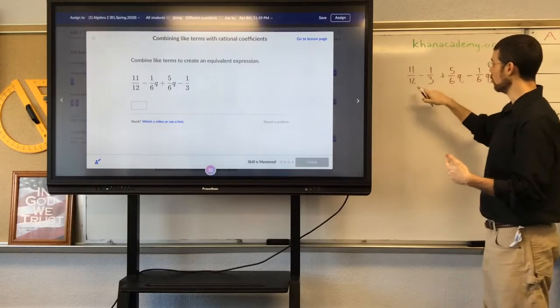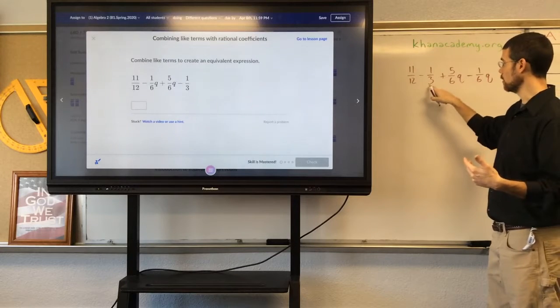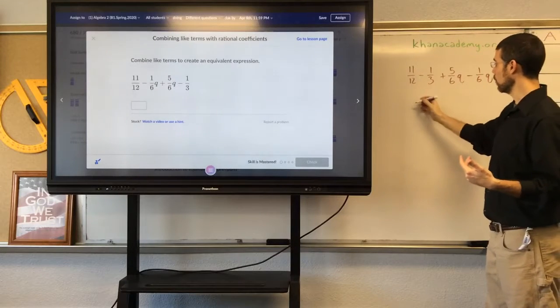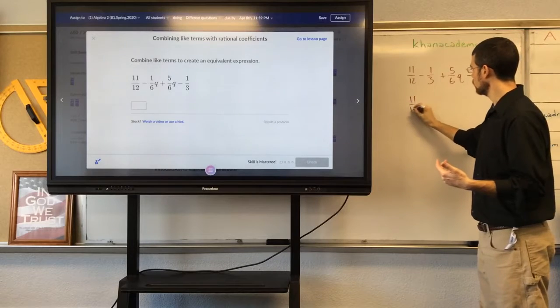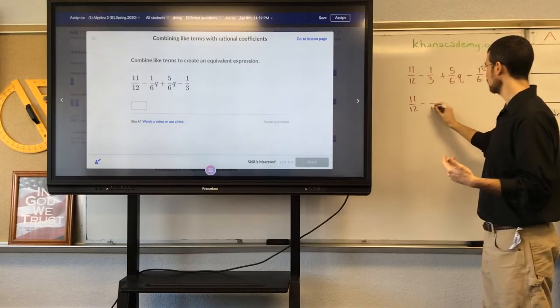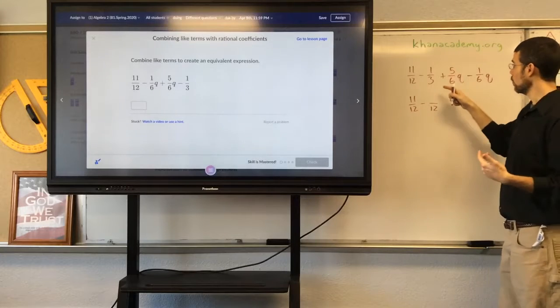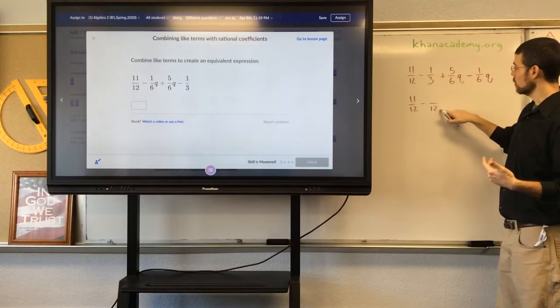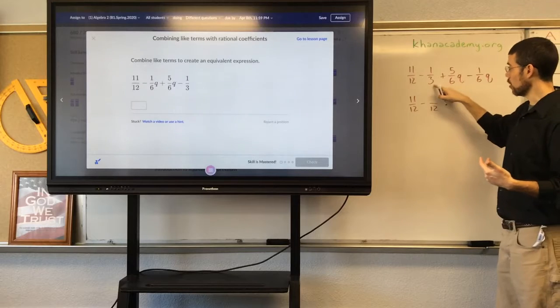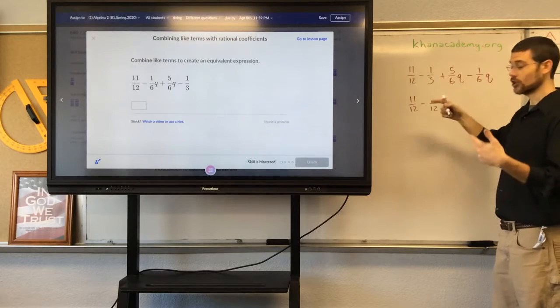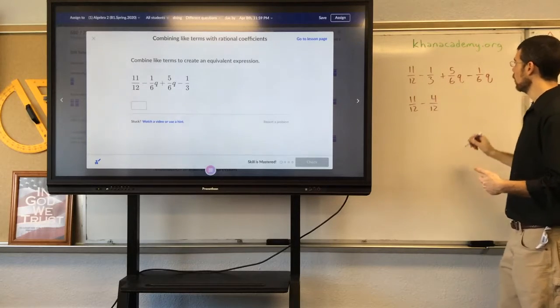So the least common denominator in this case will be 12. So 11 twelfths minus some number of twelfths has to be equal to 1/3. Well, twelfths are a fourth as large as thirds, so you'll need to have 4 times as many of them.